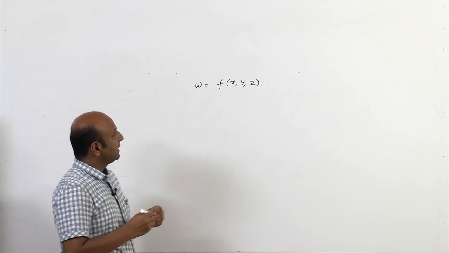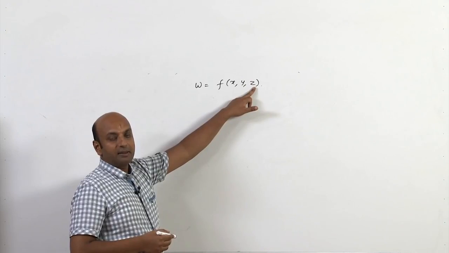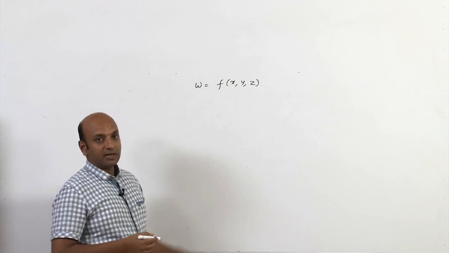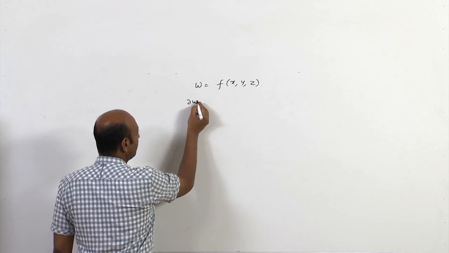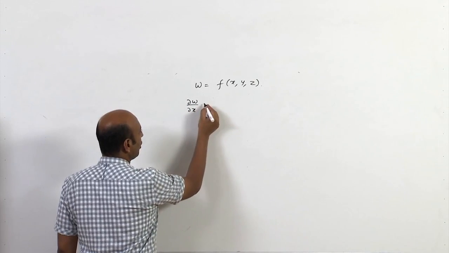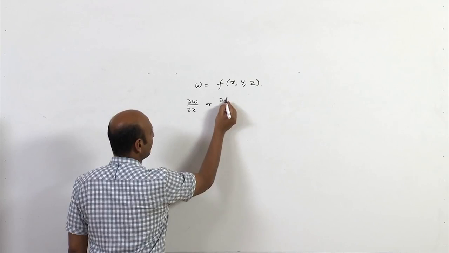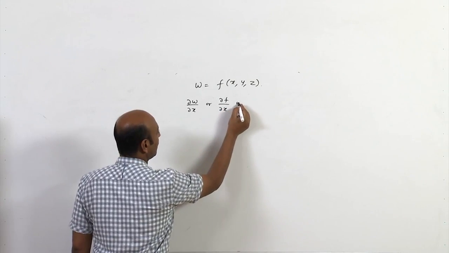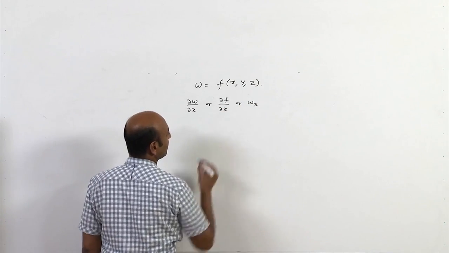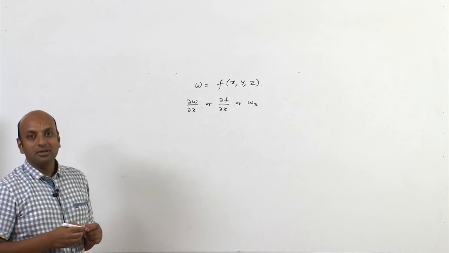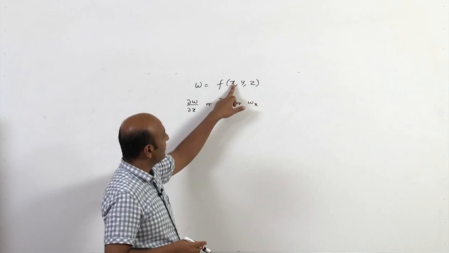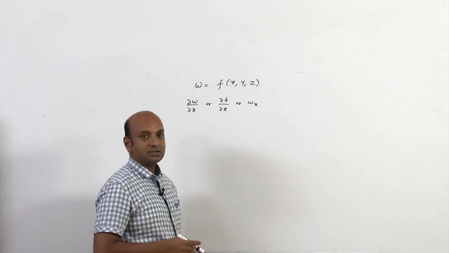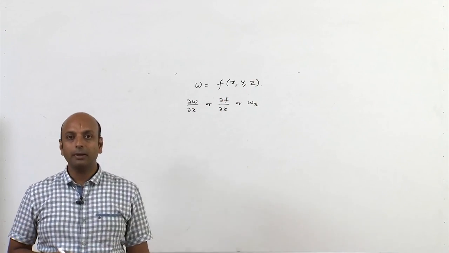Now, here x, y, z are independent variables and w is a dependent variable. Now, if you want to compute del w by del x, or we can say del f upon del x, or we can say wx, this simply means we are treating x as a variable, all other variables as constant.